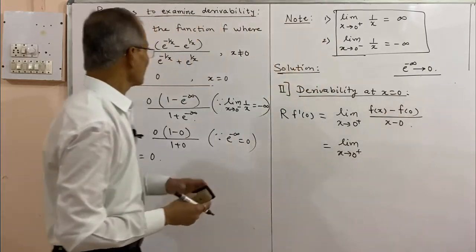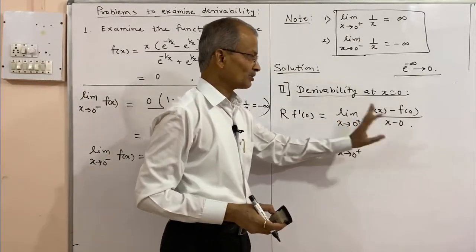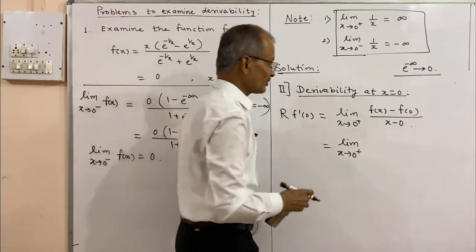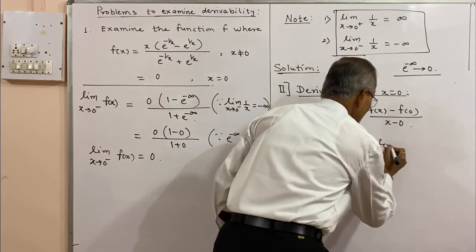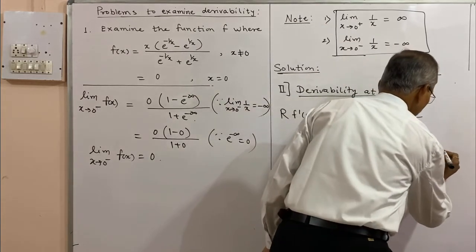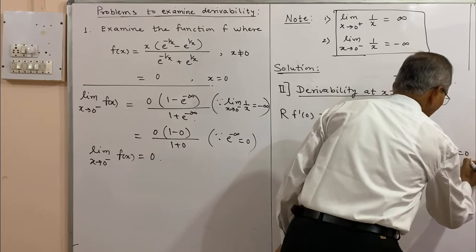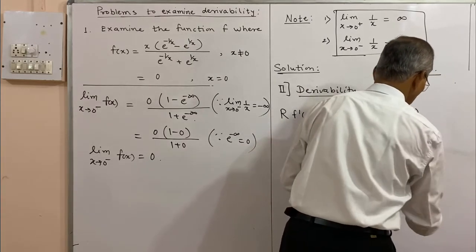What is f of 0? It is 0, and x minus 0 is x. So therefore this is f x divided by x only, since f 0 is 0 given. So this value is given, f of 0 is 0.